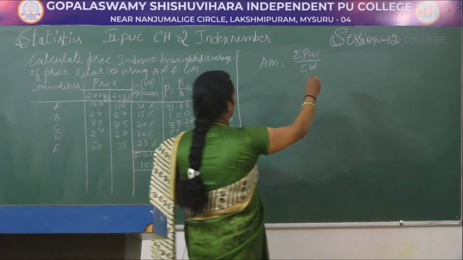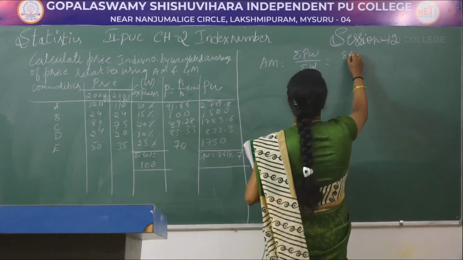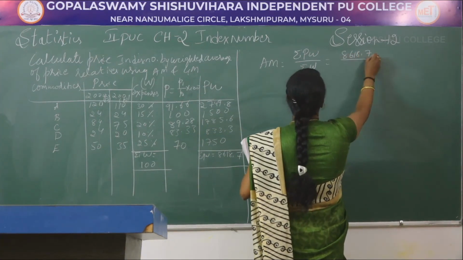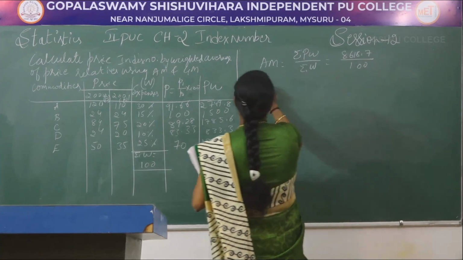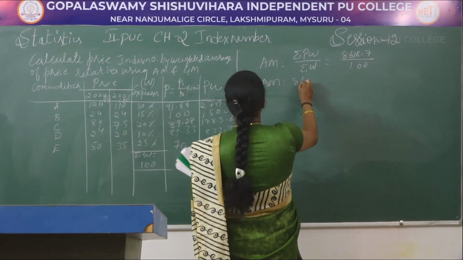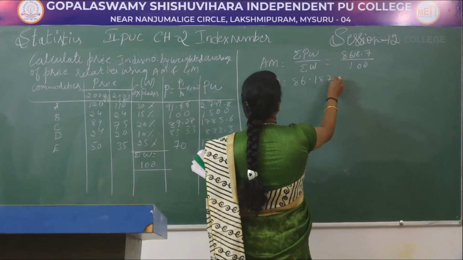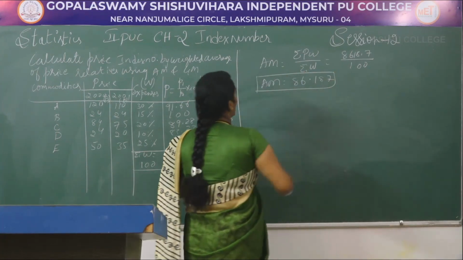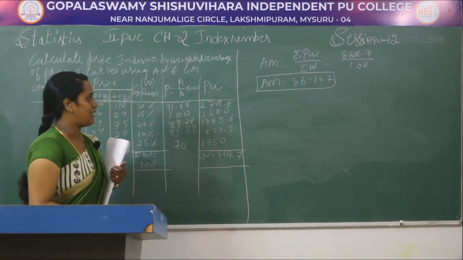Substitute these two in AM formula. This is 8618.7 divided by 100. So, AM is equal to 86.187. This is how we have calculated the AM value.